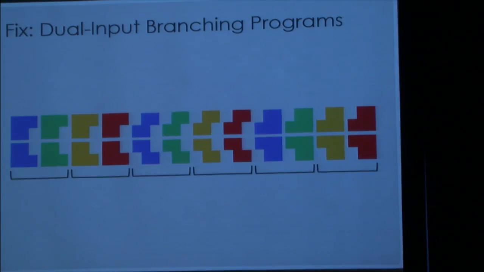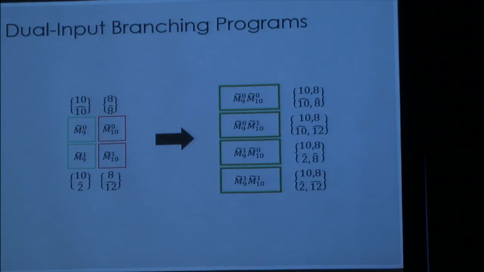We're going to change the construction to use something that we call dual input branching programs. In a dual input branching program, you take the levels of the branching program and you rearrange them, and you divide them into pairs, such that every pair of colors will appear at least once in this program. Now, for every pair of levels, instead of giving out two matrices in every level, you're going to give out all the possible products of these matrices.